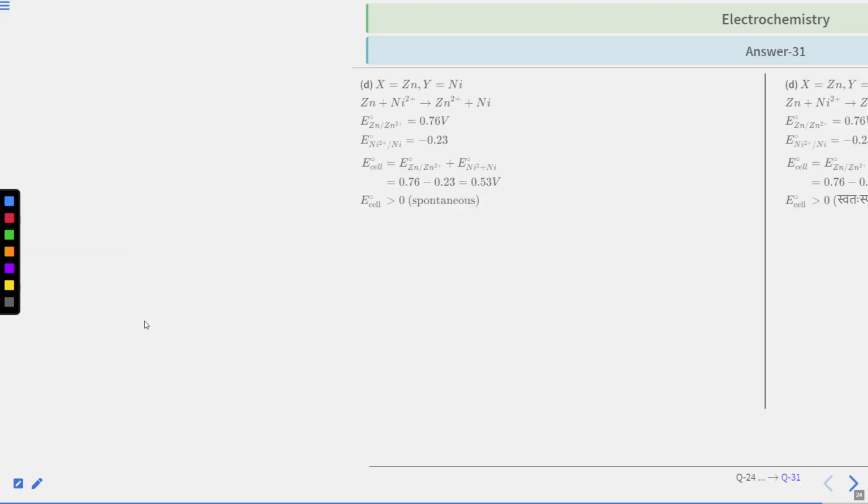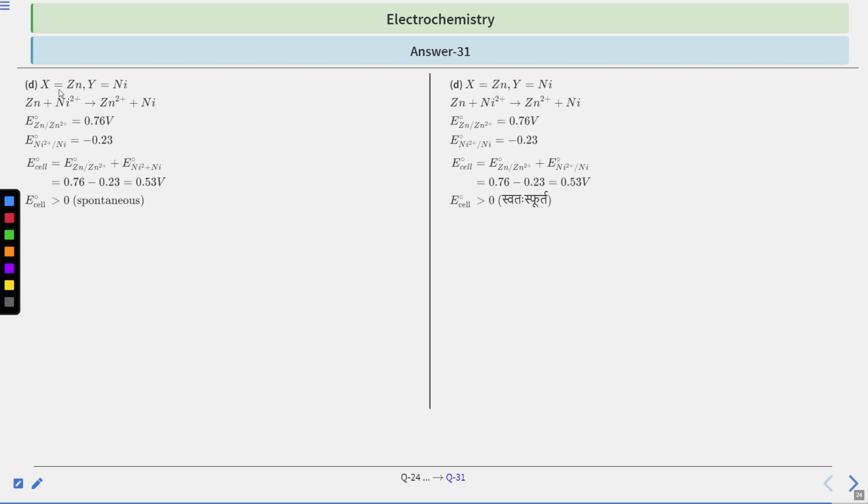Let's move to option D. It is given that X is equal to zinc and Y is equal to nickel. So the reaction will be zinc plus nickel 2 positive to zinc 2 positive plus nickel. E naught for zinc to zinc 2 positive is 0.76 volt. E naught for nickel 2 positive to nickel is minus 0.23 volt.